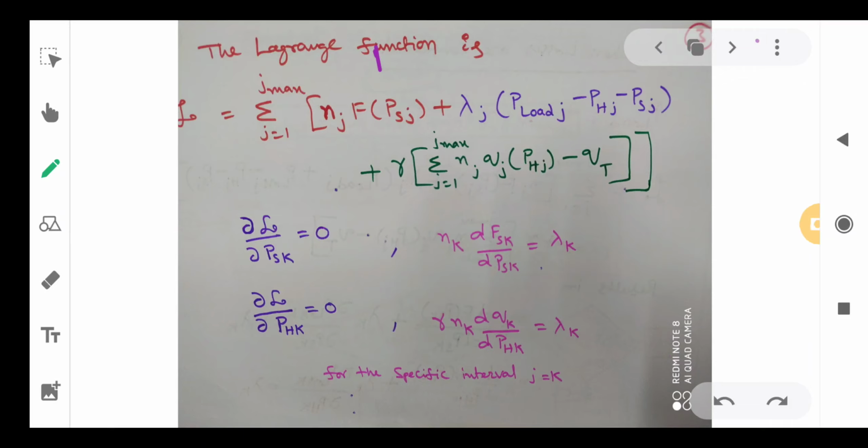Now let us form the Lagrangian function. Lagrangian function L is equal to sigma j is equal to 1 to j maximum, that is the interval j is equal to 1 to j maximum intervals, Nj f of PSJ.